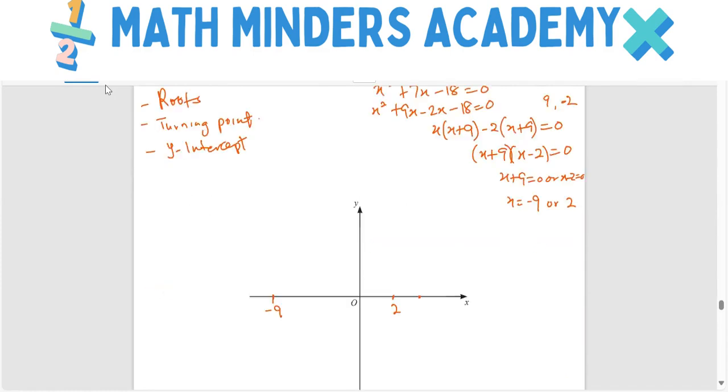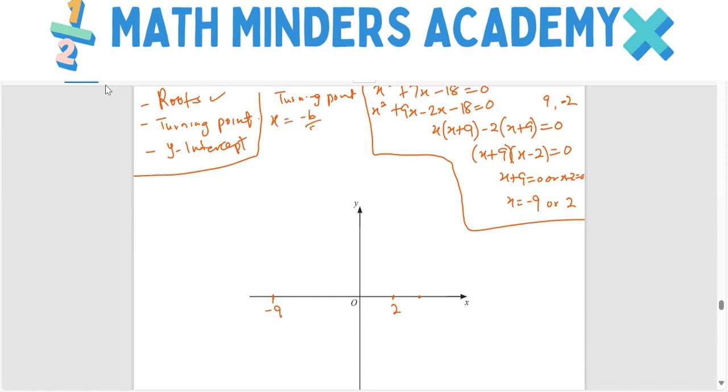So we've been able to get this. Now for turning points, let's mark off this, okay? For turning points, the x value is minus b all over 2a, right?